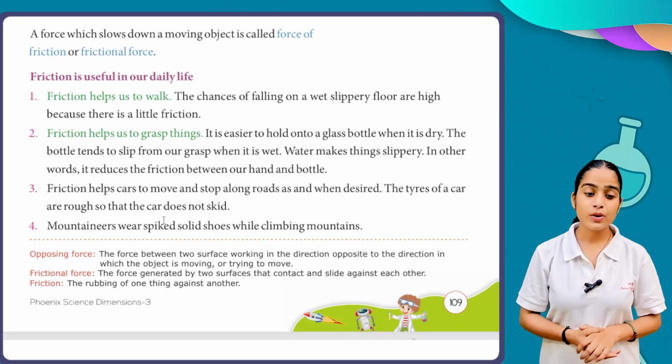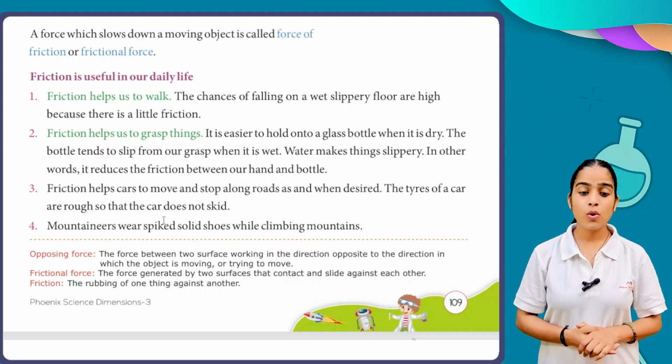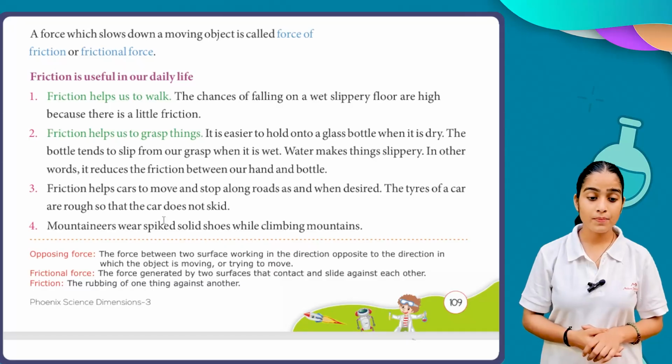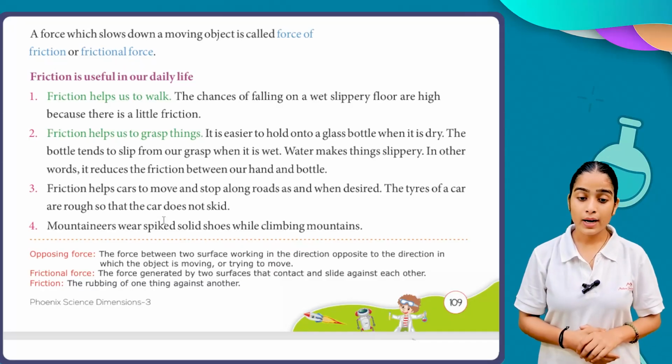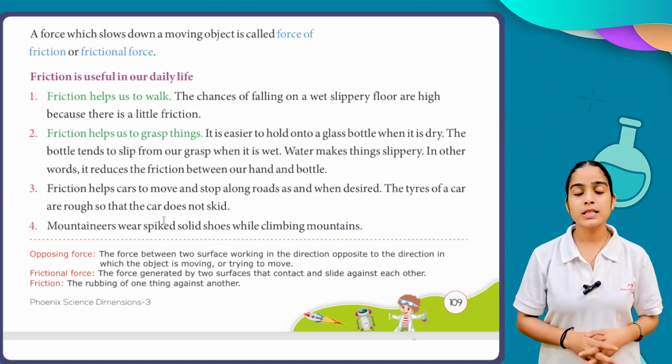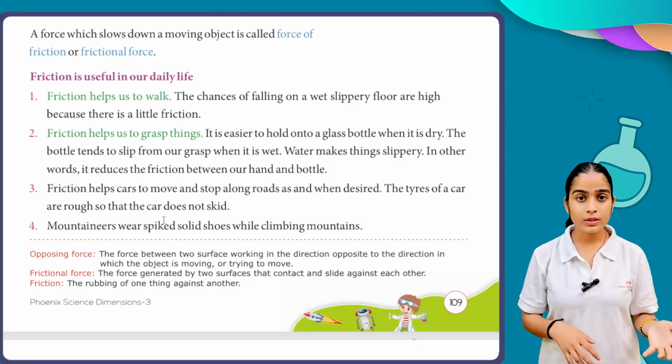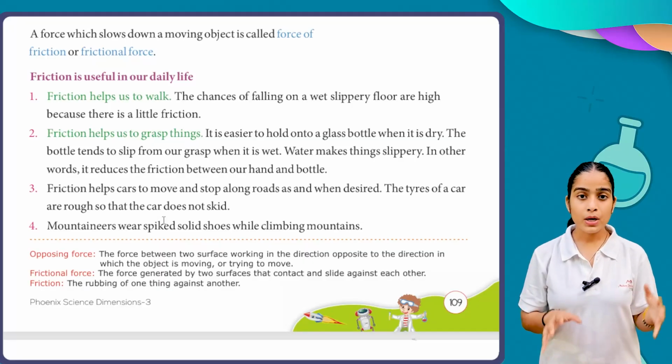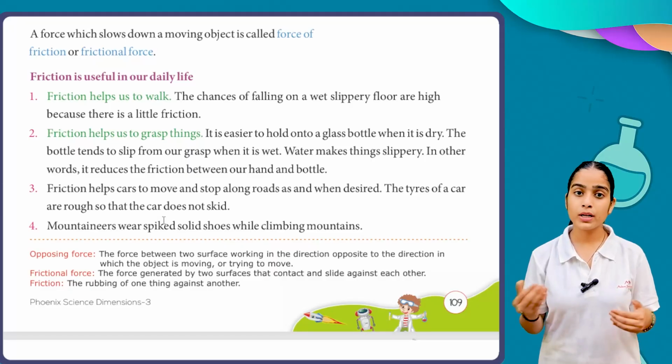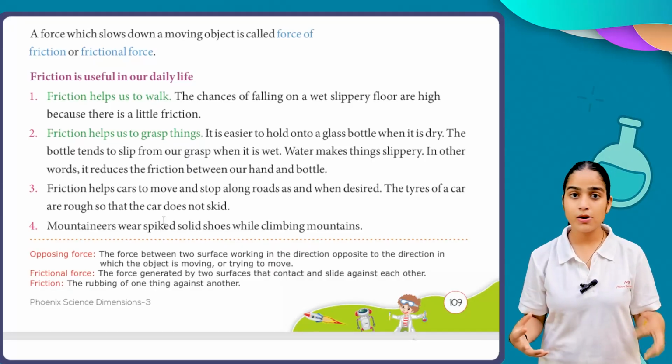Friction helps us to grasp things. It is easier to hold onto a glass bottle when it is dry. The bottle tends to slip from our grasp when it is wet. Water makes things slippery. In other words, it reduces the friction between our hand and the bottle. So what we understand here is, we need friction to hold something and to walk on a surface, because it generates a connection between us and the surface, or between us and the object.